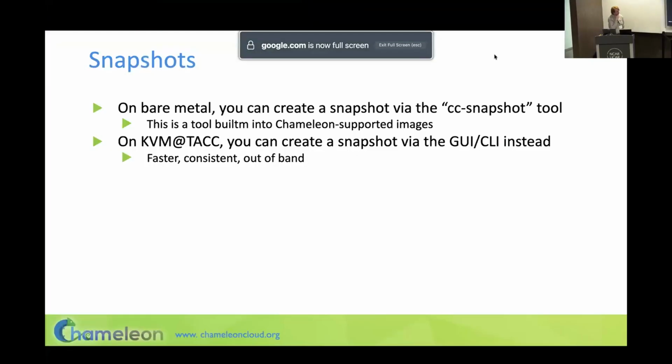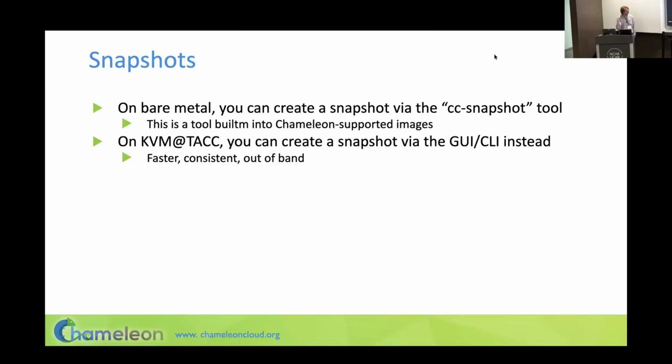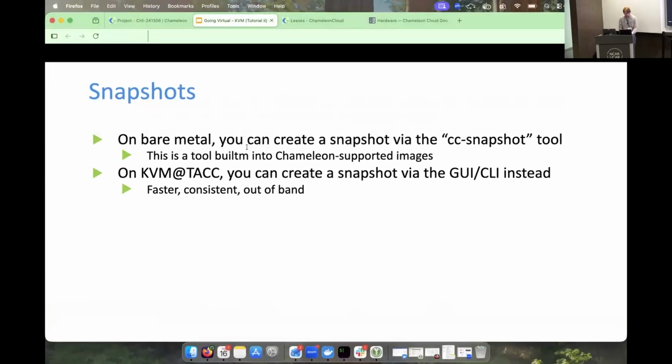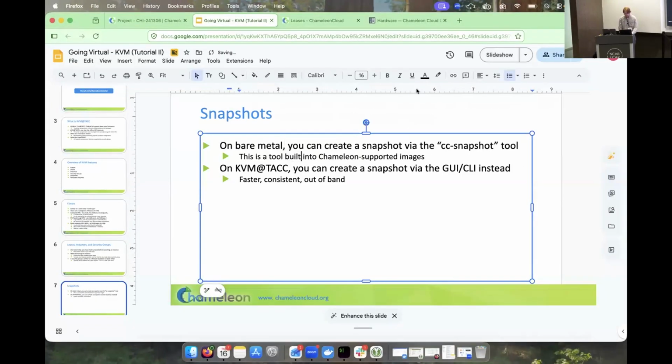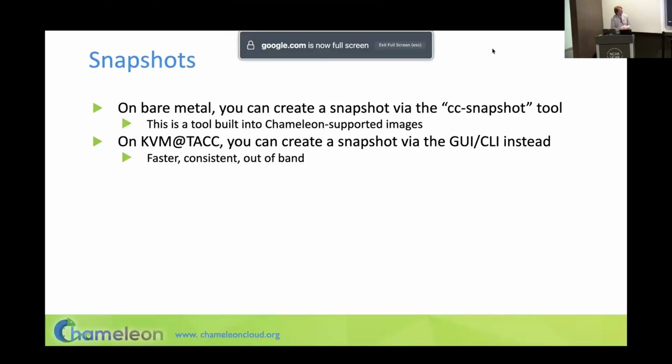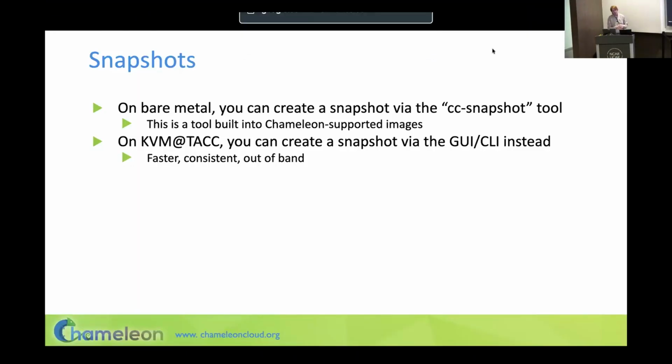So another thing that I mentioned is a bit more convenient on KVM at TACC is snapshotting. So with bare metal, we have this tool called CC Snapshot, and we wrote this script, and it tries to capture all of the state of your instance. Let me fix that typo. And it puts it into a bootable image, but the problem is that that runs inside your OS.